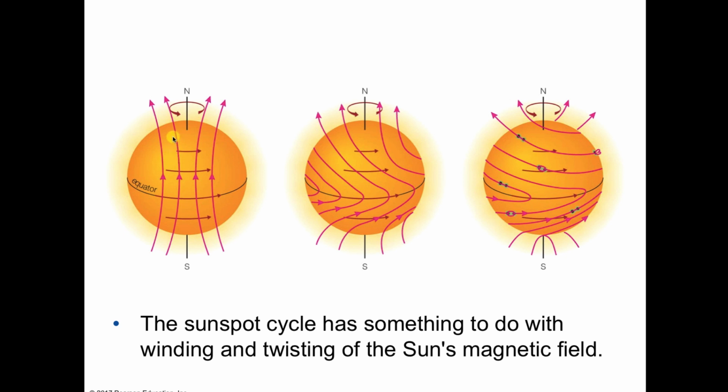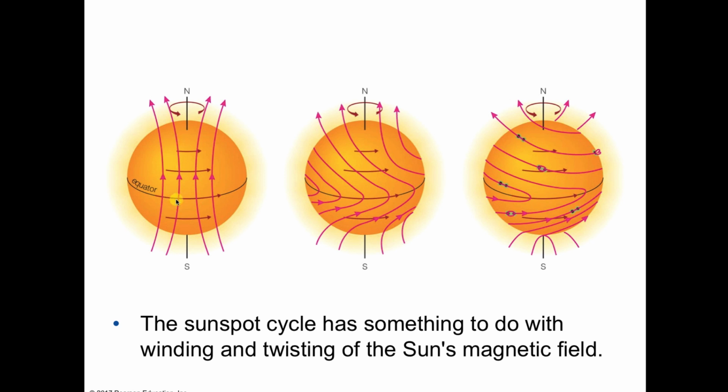Magnetic field ultimately really comes from moving charges, and the sun is just a big ball of moving charges. It's very hot gas that has a bunch of electrons and protons moving around, and so they create magnetic field.